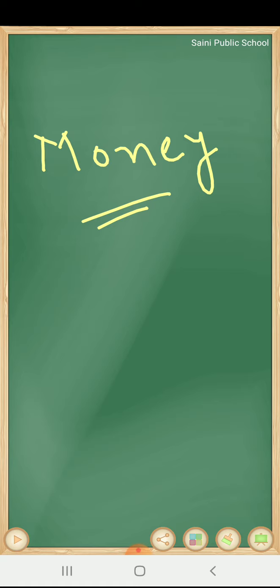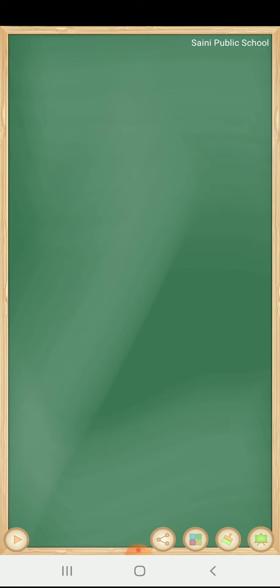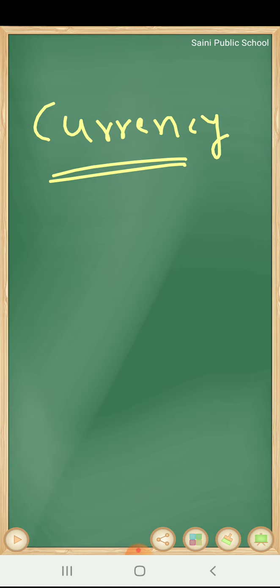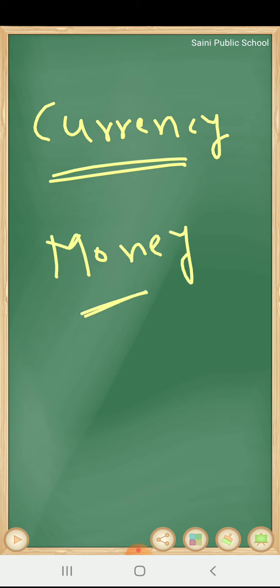First of all, we will discuss what is the meaning of currency. What is currency? The money used in a particular country is called its currency. Means money which is used by a country is called its currency. Now what is Indian currency?